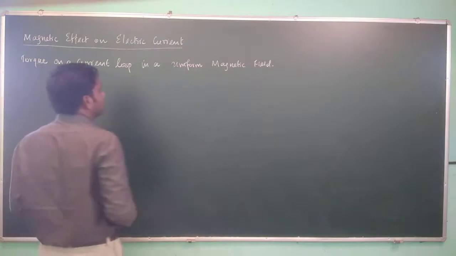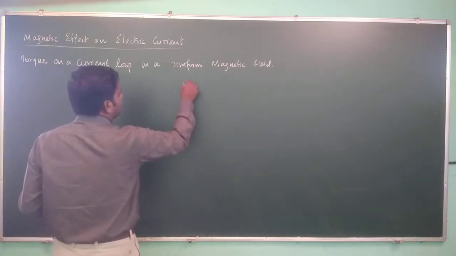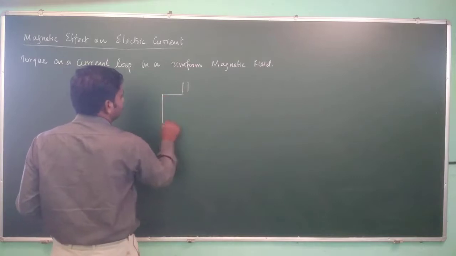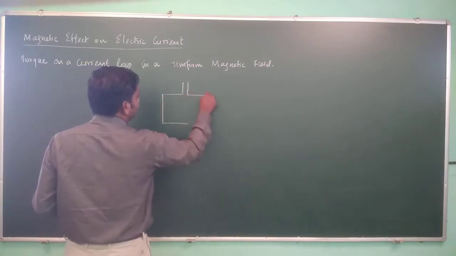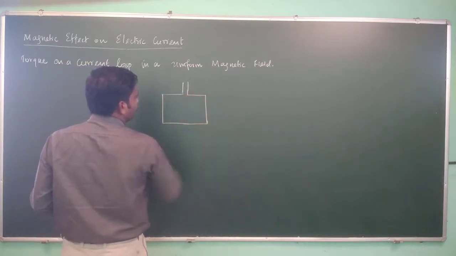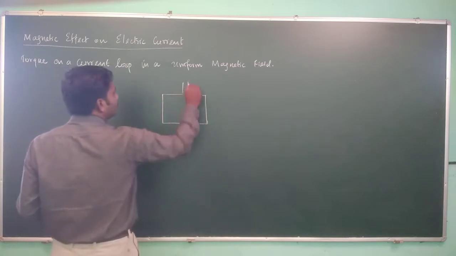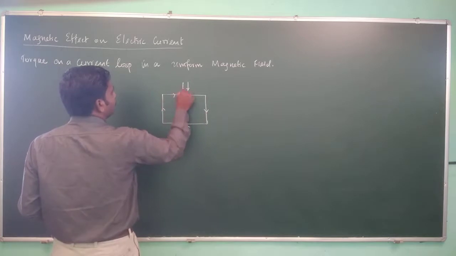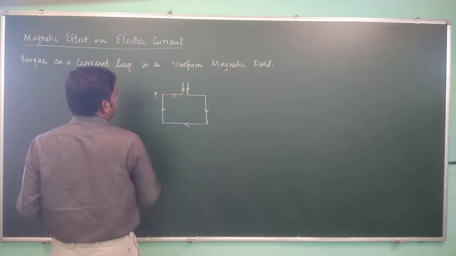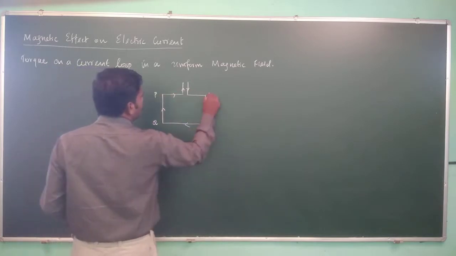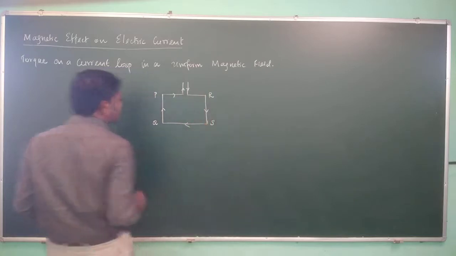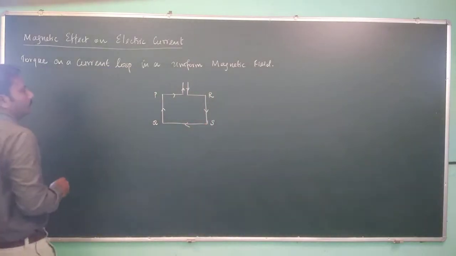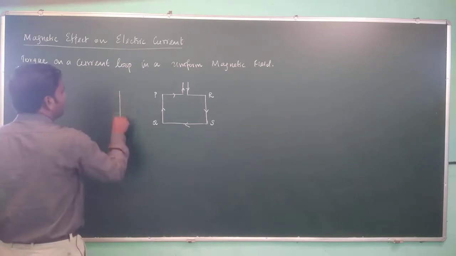Let us consider a current loop, with current flowing in this direction. Let's label it P, Q, R, S, and we place this setup in a uniform, permanent magnetic field.